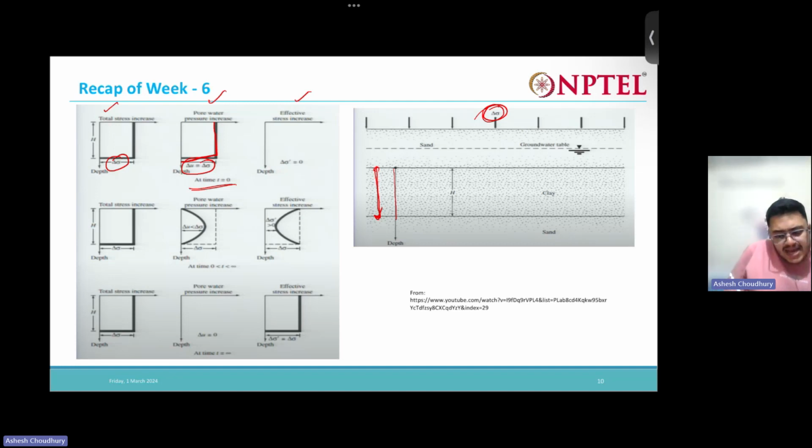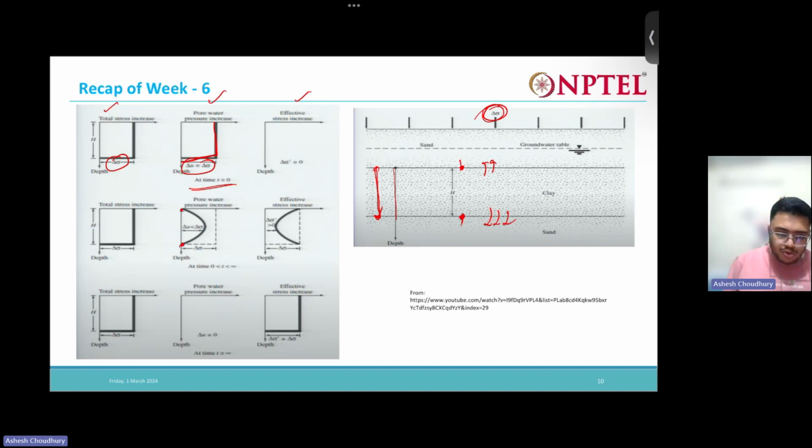Now as time goes from t equal to 0 to, say, t equal to t1, at any time instance, the water is going to come out from here and from here, so drainage is happening through these two extreme points of the clay. At those points the pore water pressure is zero.